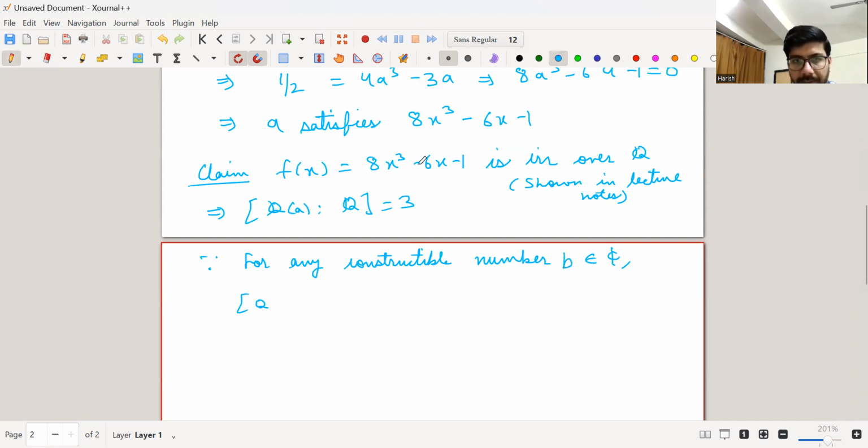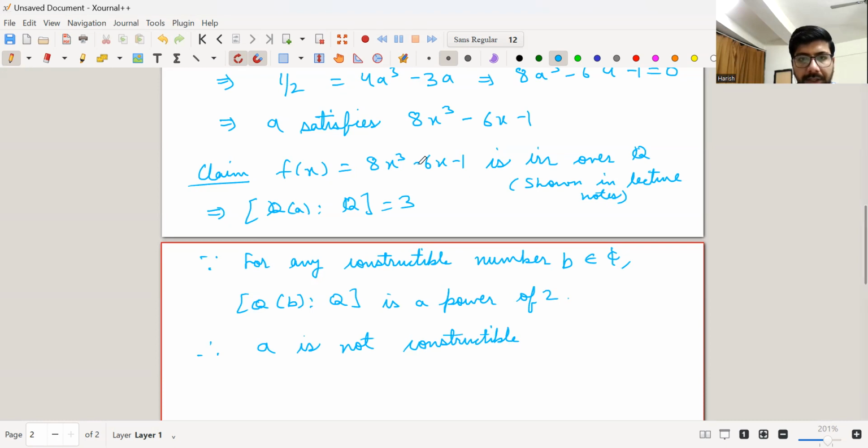So for any b belongs to C, Q(b) over Q has to be a power of 2. Therefore, a is not constructible, because here we are getting Q(a) over Q is 3, which is not a power of 2, so a is not constructible.